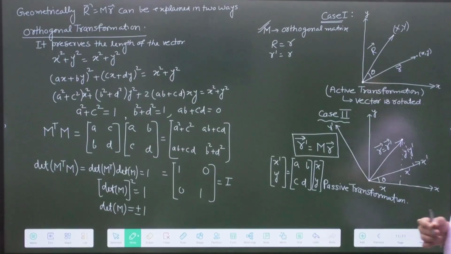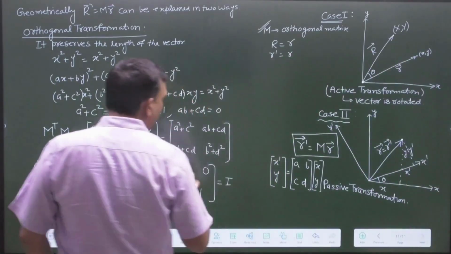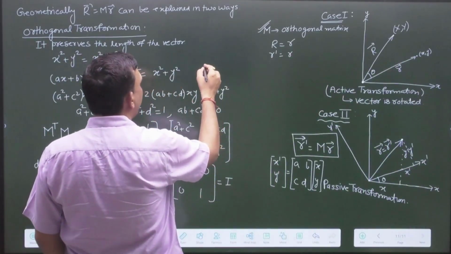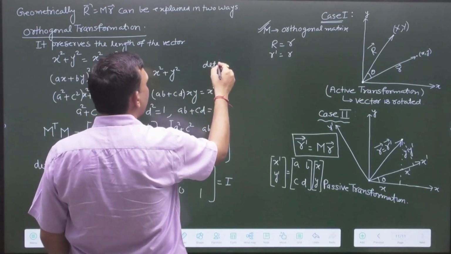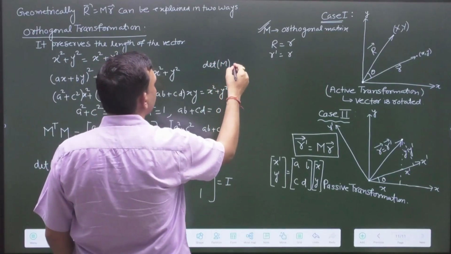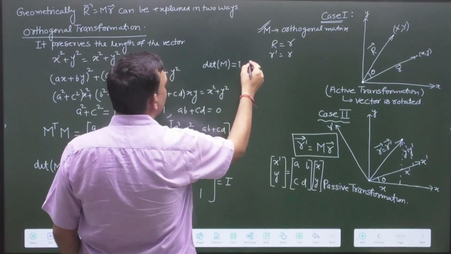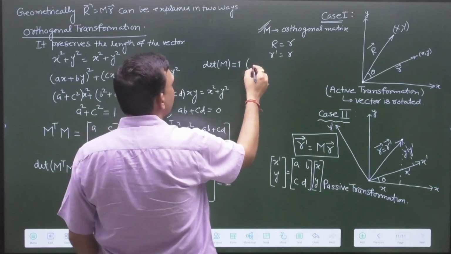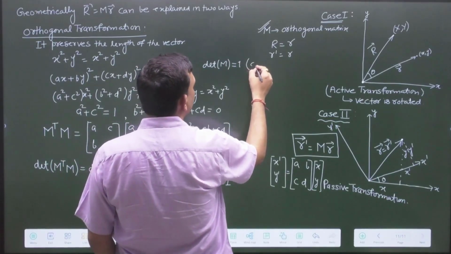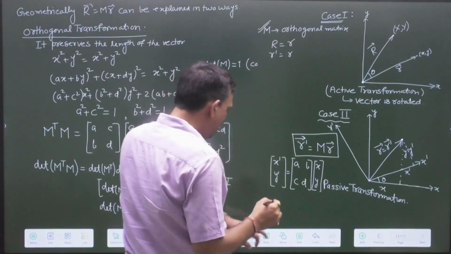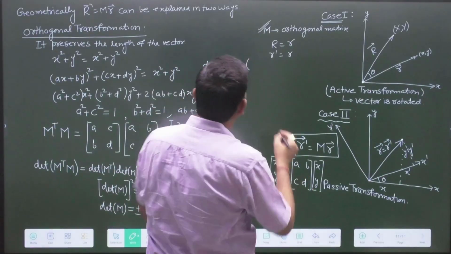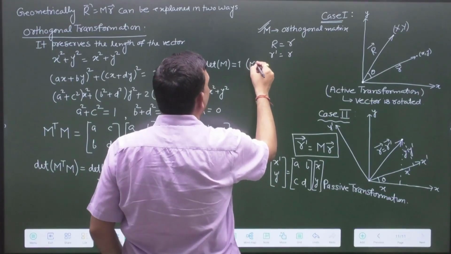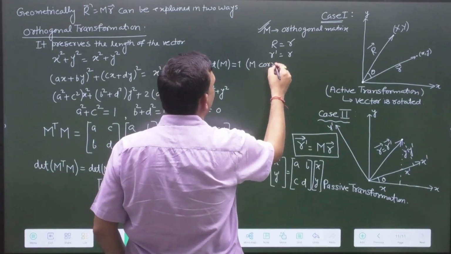Okay? Now you should remember this point, that if the determinant of a matrix is 1, then M corresponds to rotation.